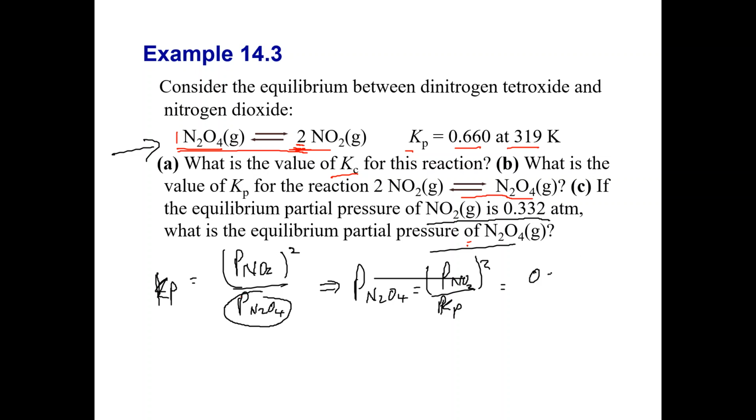We're going to have 0.332 squared divided by Kp, which is 0.660. So 0.332 squared divided by 0.660. According to my calculations, this works out to be 0.167. And that will be the answer for the C part.